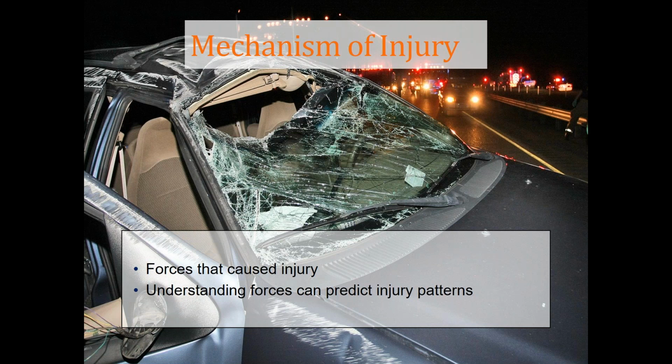Things like falls, you know, somebody falls from height, off a ladder, off a roof, out of a tree, and they land flat on their feet. We don't just see injuries to the point of impact. We don't just see injuries to those lower extremities, because all of that force and all of that gravity gets transferred up through the body. It's going to continue to transfer until it's completely dissipated.